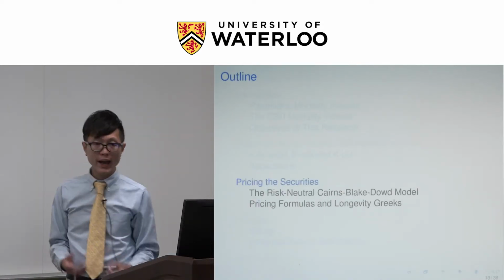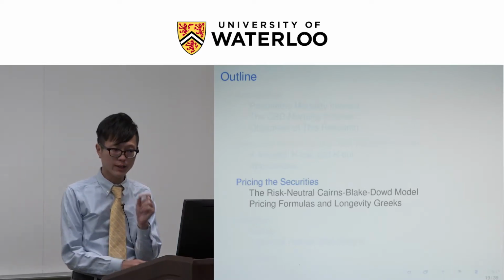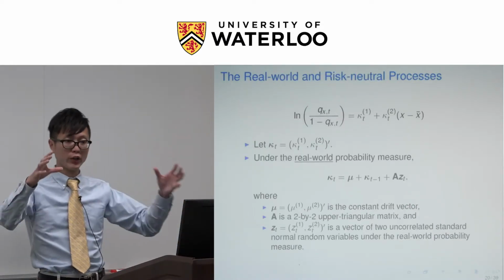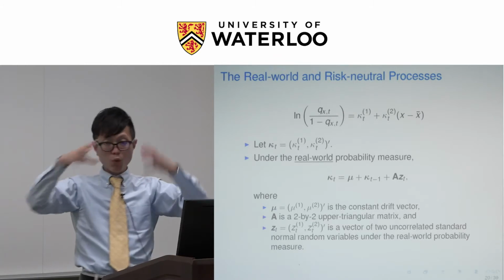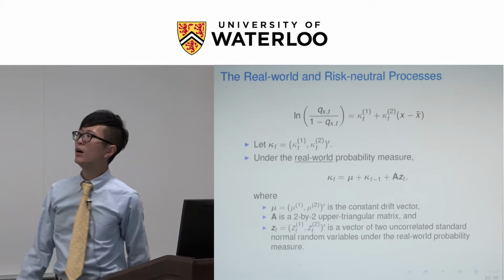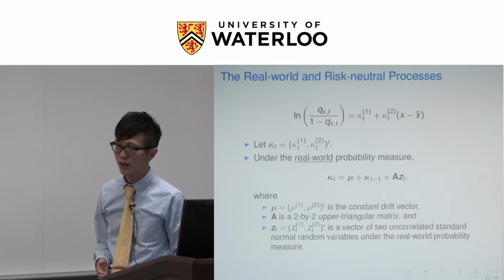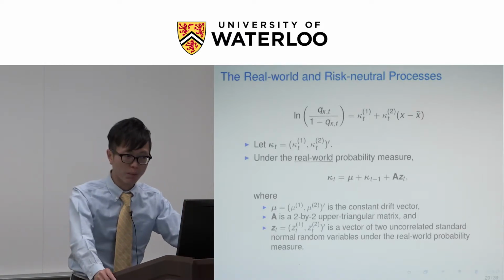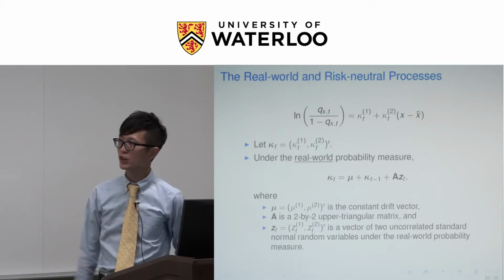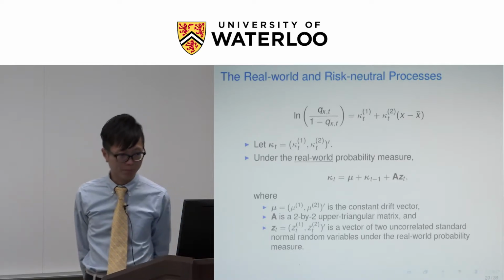My next step is to price these securities, and to this end, I'm going to consider the risk-neutral Cairns-Blake-Dowd model. So let me go back to the CBD model from which the CBD mortality indices are developed. To recap, the CBD model captures the logit-transformed value of death probability at age x and time t as a combination of two parameters, kappa 1t and kappa 2t.